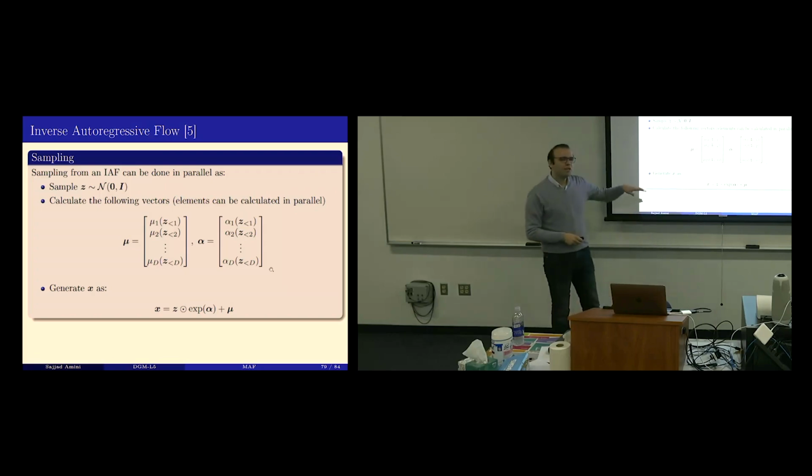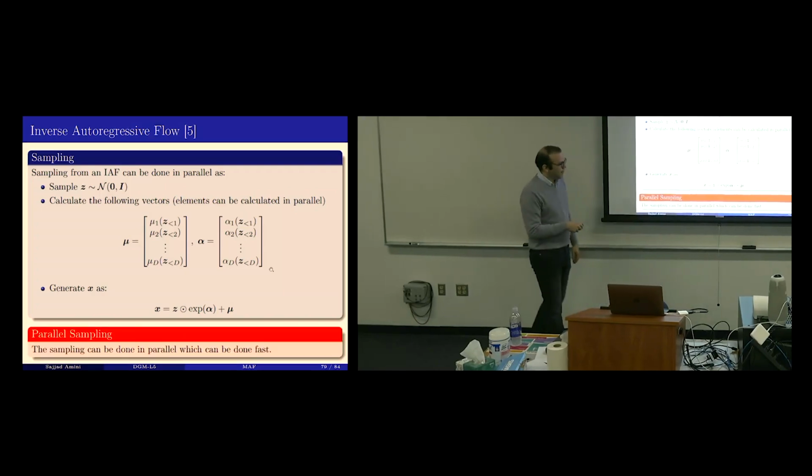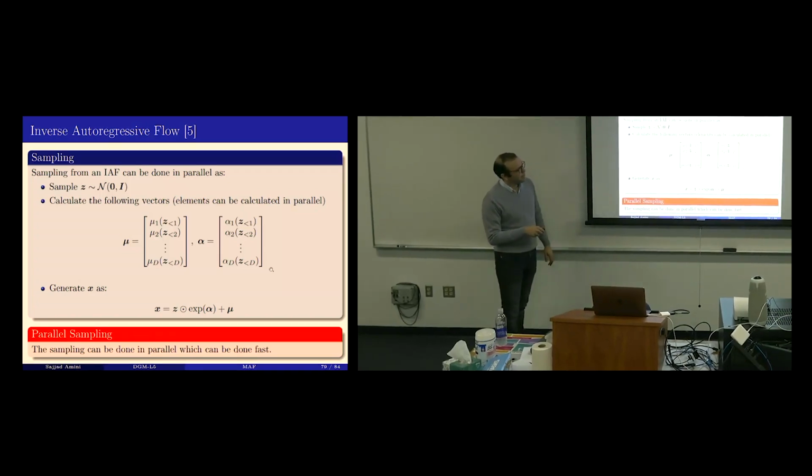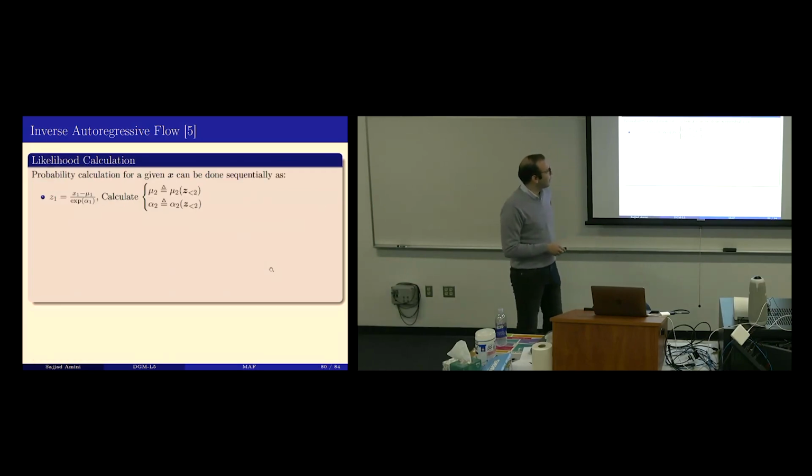So similar to likelihood calculation in the previous part, generation here is in parallel and can be done fast. Pay attention that when you want to generate mu, you need access just to Z, not to X. So this is not sequential. The sampling can be done in parallel.